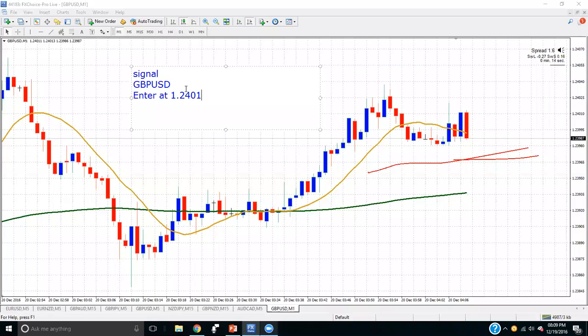Let's see. Yeah, let's do that. And then it might say something like take profit, and it won't have that "at" on there. It'll say take profit, and then it'll have a number.